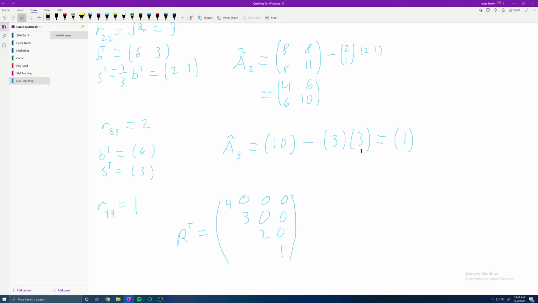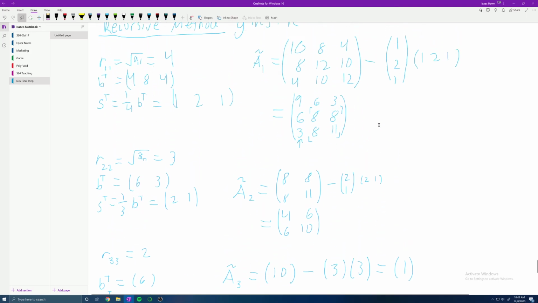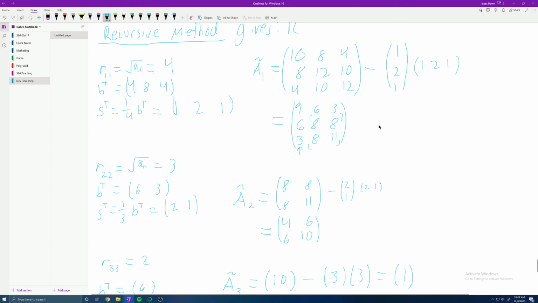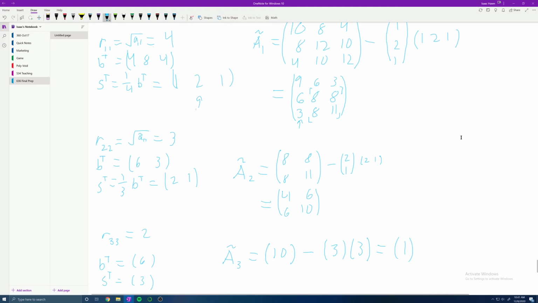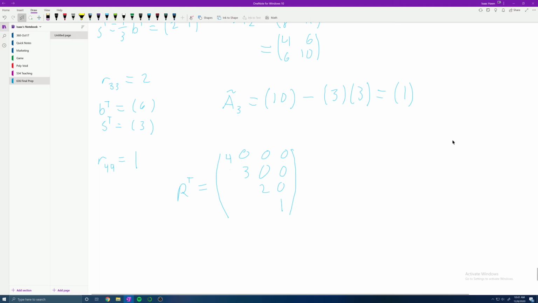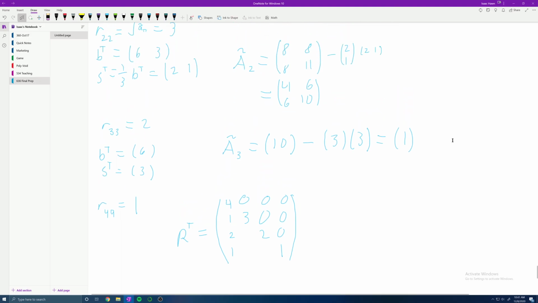All right. What about the bottom part of this matrix? Well, that's just going to be our S values. So the S value up here, right here, is 1, 2, 1. So that goes right here. And then the next one is 2, 1, which is right here.